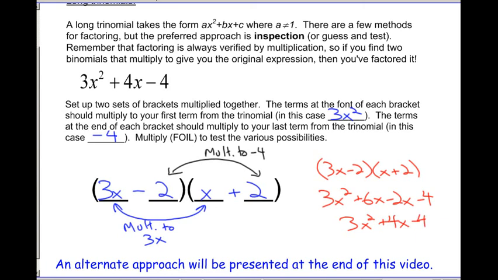So that goes pretty quickly once you get the hang of it. If you found that that really didn't sit well with you, you don't like this idea of guessing and testing, or your multiplication isn't that strong, there's an alternate approach that we'll show at the end of this video, and I'll use the exact same example. Okay, I tried absolutely every wrong possibility before getting to the right one in this case. So, if I had gotten a little more luck, it would have gone faster.